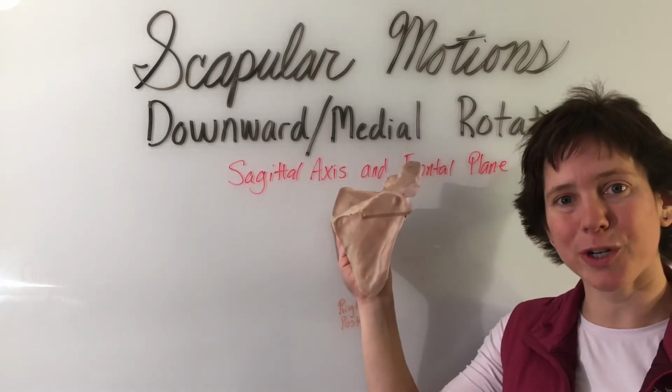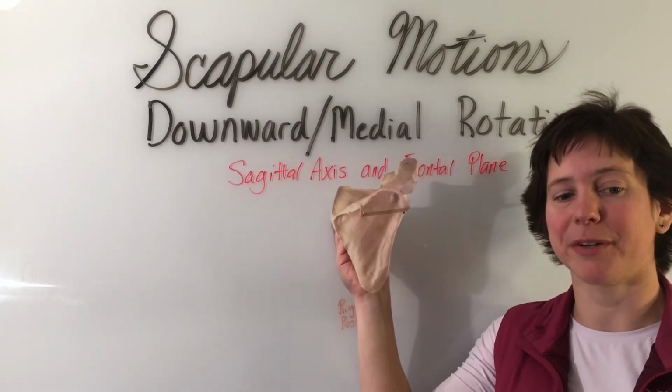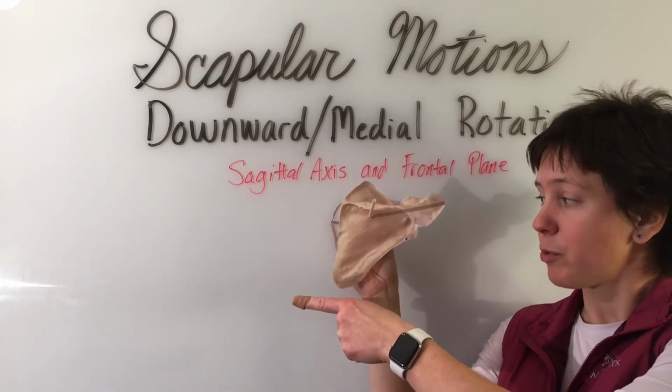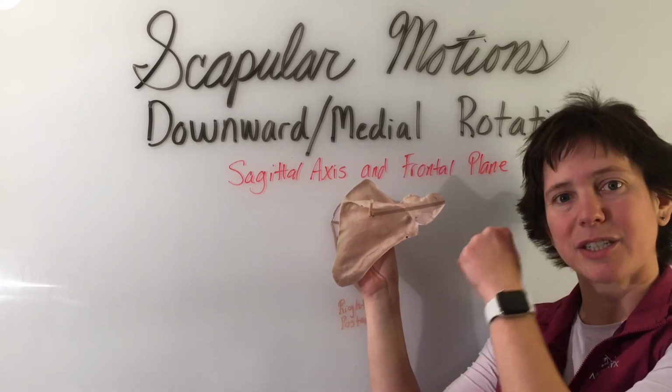So for downward and medial rotation of the scapula, the inferior angle will move medially, which causes the glenoid cavity to move caudally.